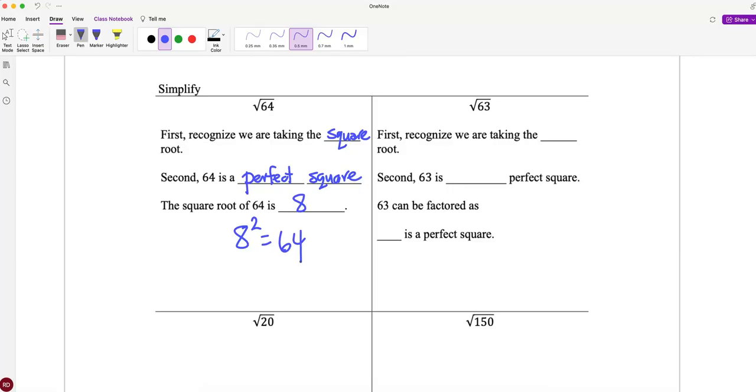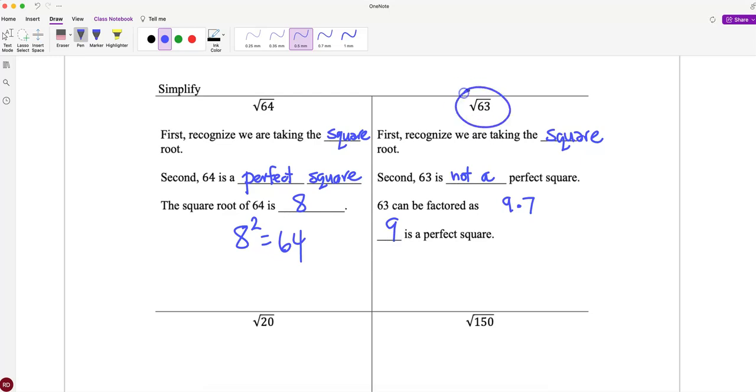Now let's do something different. Let's take the square root of 63. So recognize again, I'm taking the square root. Now 63 is not a perfect square, but I can factor 63 as 9 times 7, and I know that 9 is a perfect square.